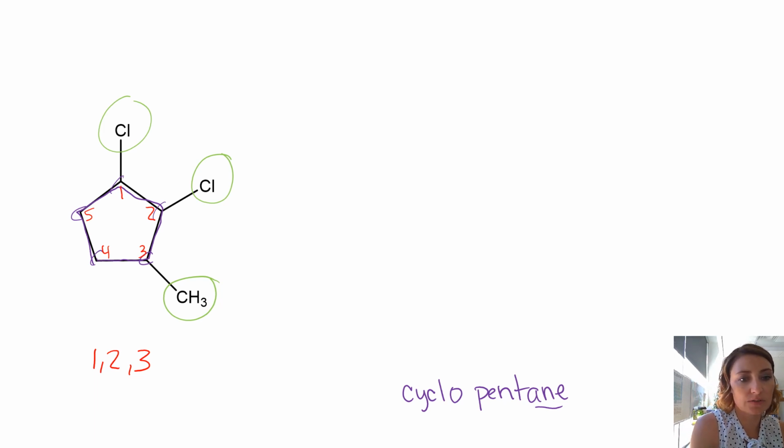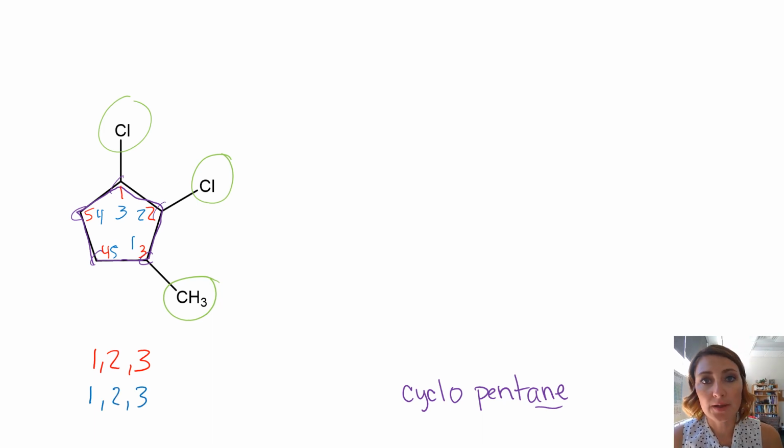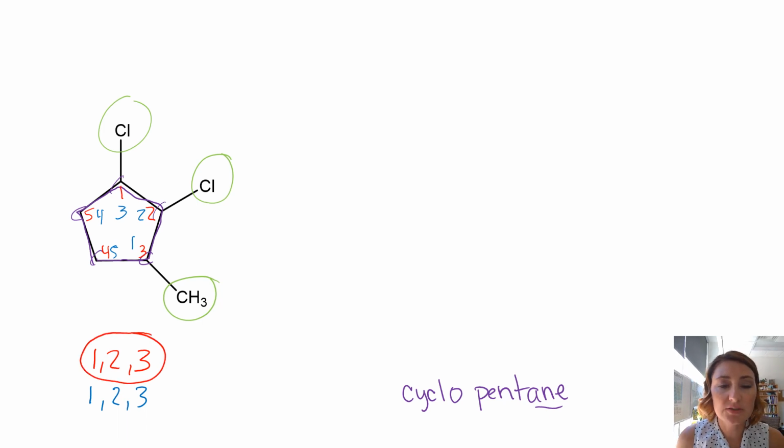Or I could count, starting with methyl, I could count 1, 2, 3, and if I were counting in that direction, I would have groups on 1, 2, and 3. So because these are equal, I am going to go ahead and defer to our alphabetical rule, and I'm going to go with the red option, and the reason I'm going to do that is because chlorines come first alphabetically, so I'll give priority to that because everything else is the same.